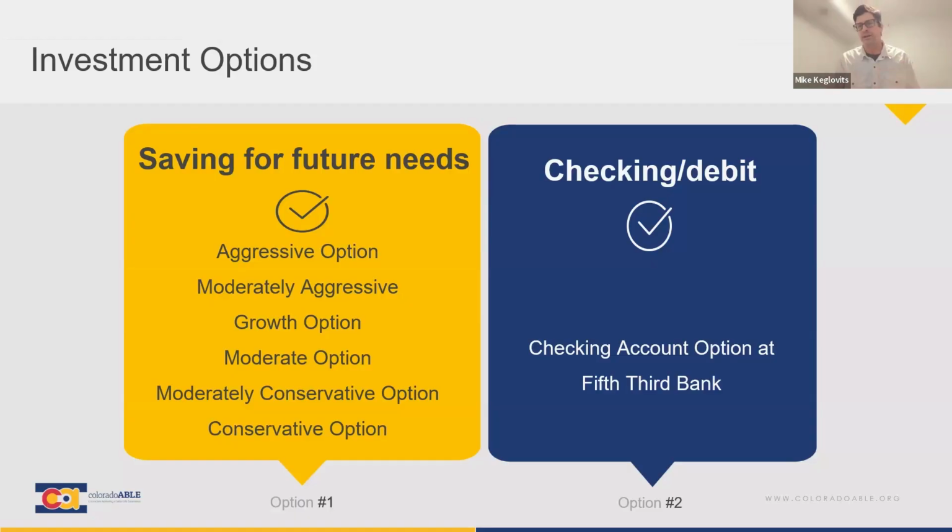So we are trying to bring the cost down. When we first launched, it was $15 a quarter, and now we've gotten it down to $8.25. As more people are opening accounts and there are more assets, we're able to renegotiate and bring that cost down for the individuals.